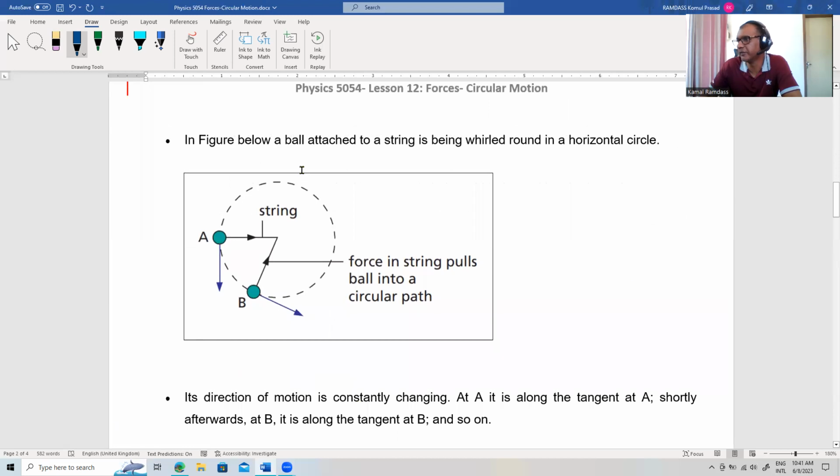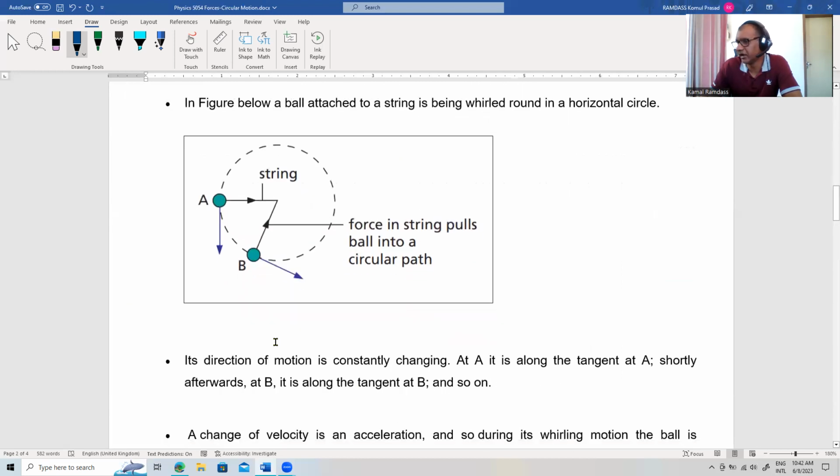Okay, in the figure below, a ball attached to a string is being whirled around in a horizontal circle. Et nous représentons par ce dessin, à 2 points, A et B, et ici, direction of velocity dans cette direction, ici, direction of velocity dans cette direction.